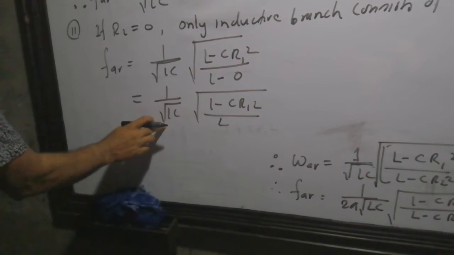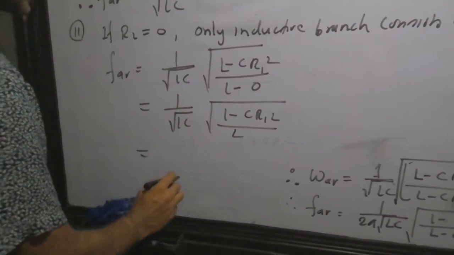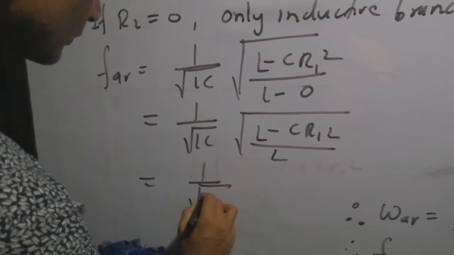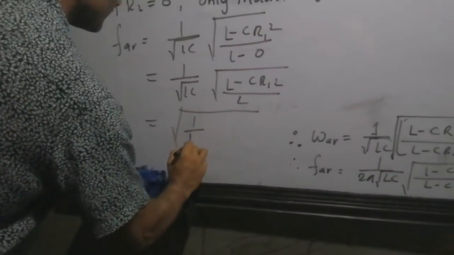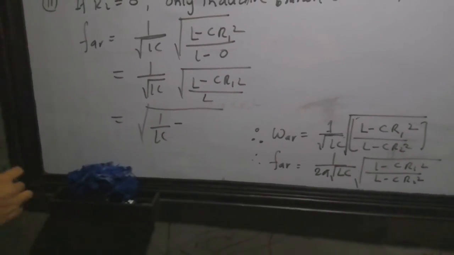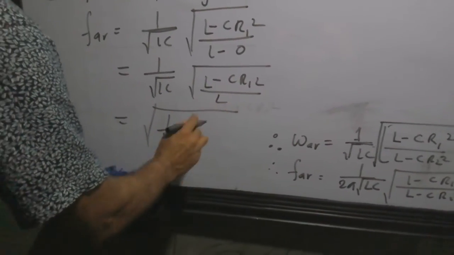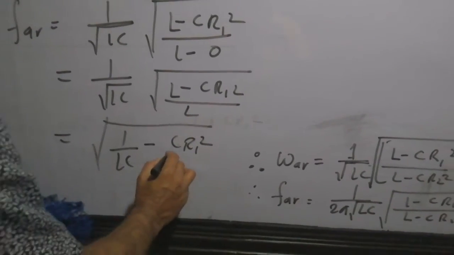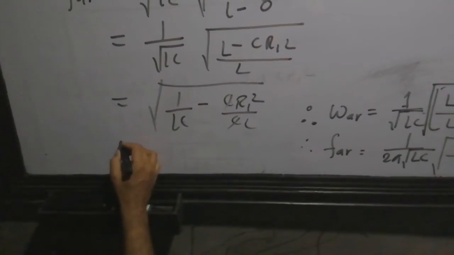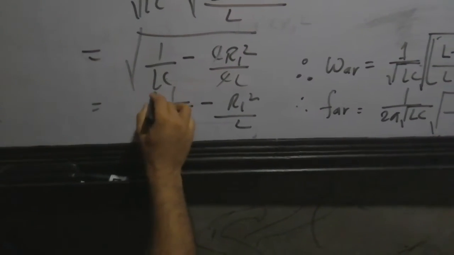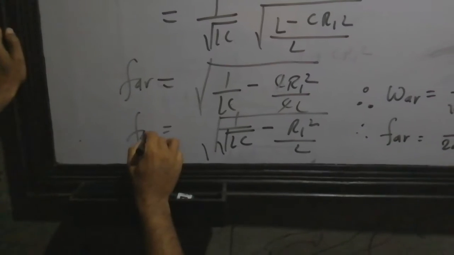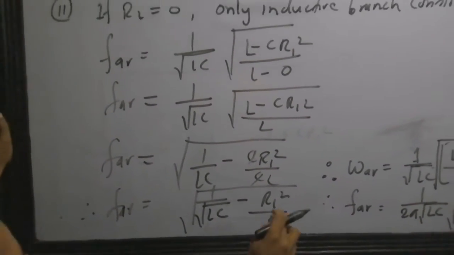If I take this inside the root, this is L square and C square, and this L cancels, so we get 1 upon root of 1 upon LC minus C square R1 square upon CL, so C cancels, and we get 1 by root LC minus R1 square by L. So this is the anti-resonant frequency which we had derived when the inductive branch consists of any resistance R.